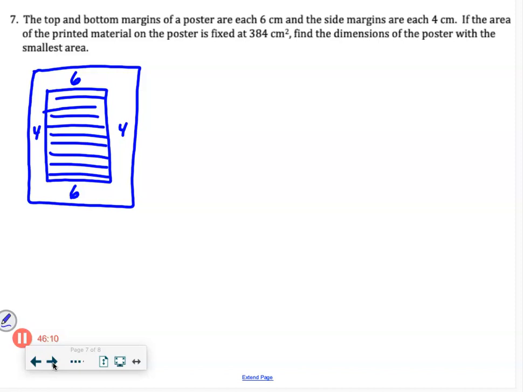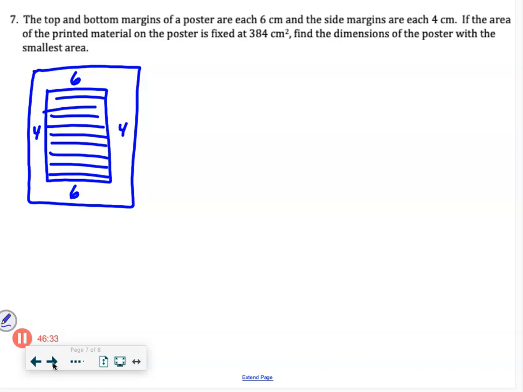All right, if the area of the printed material is fixed at 384 centimeters, find the dimensions of the poster with the smallest area. And so several people came up and asked me, and I kept saying, it's the dimensions of the whole poster. So anyway, the printed area is fixed.